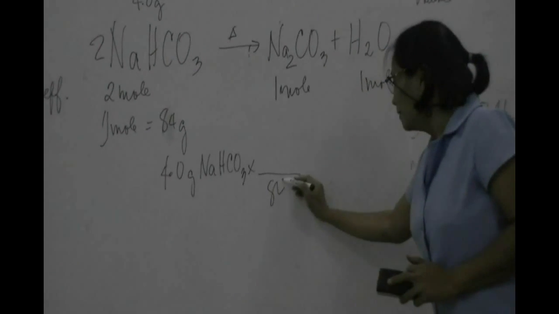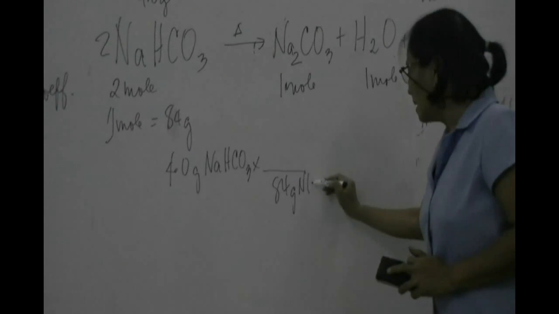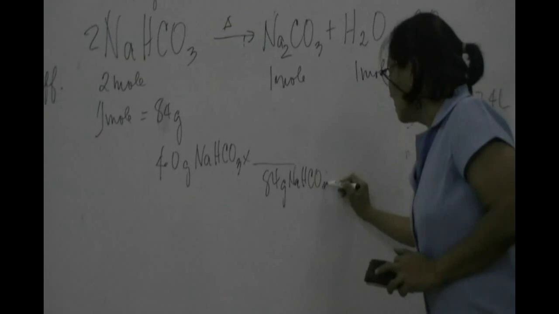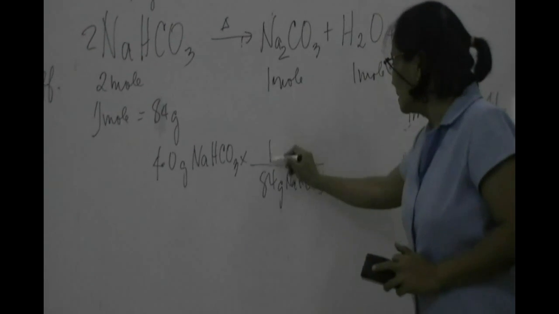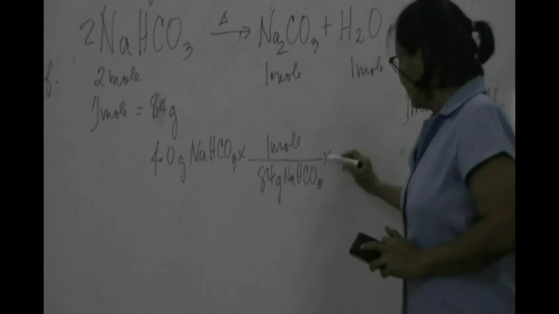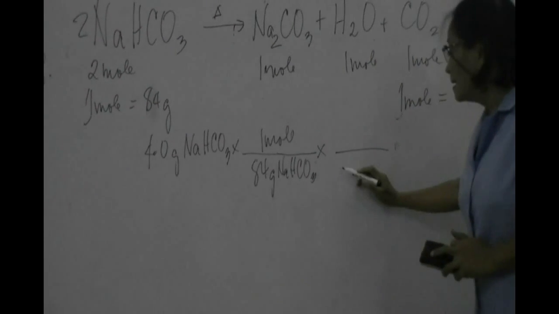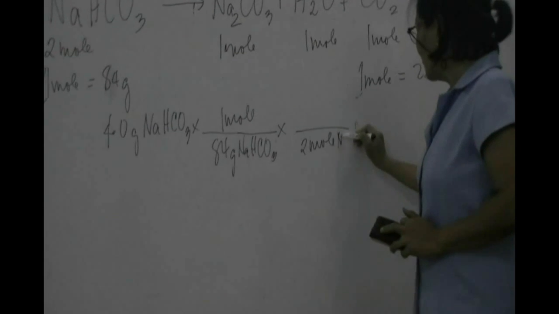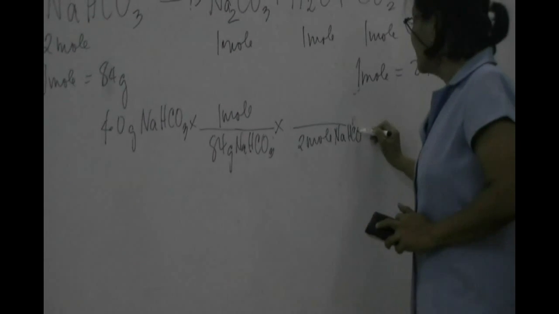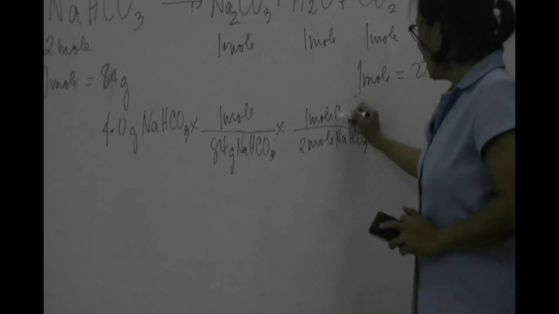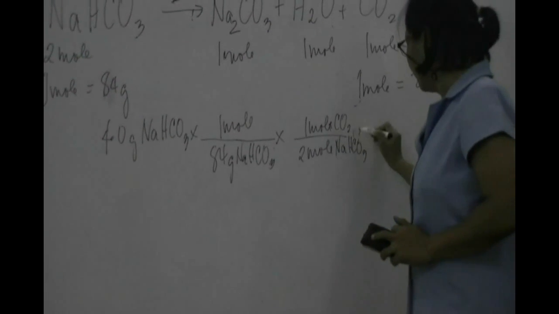We have 84 grams of sodium bicarbonate per mole of this reactant. And then for the balancing, we have 2 moles of sodium bicarbonate to the unknown 1 mole of carbon dioxide.